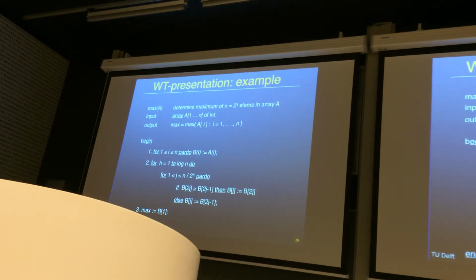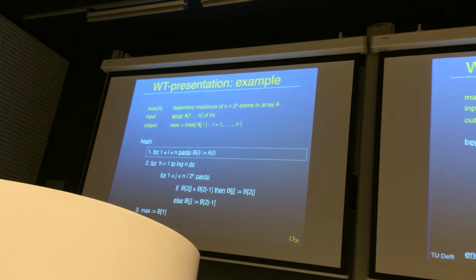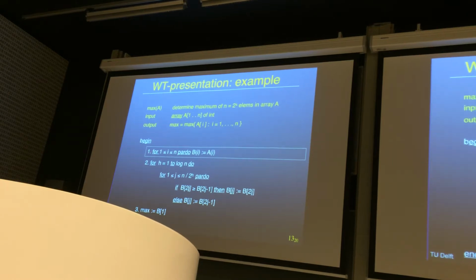Well, in analyzing this algorithm, we have a very nice scheme, because we can concentrate on each of these time steps. And for each time step, we can make a complexity analysis. And since the number of time steps we know beforehand, we can easily compute the resulting complexity.